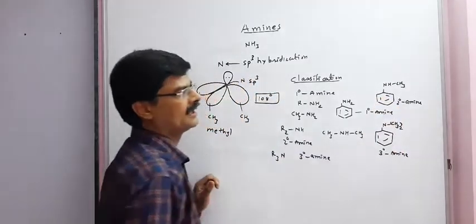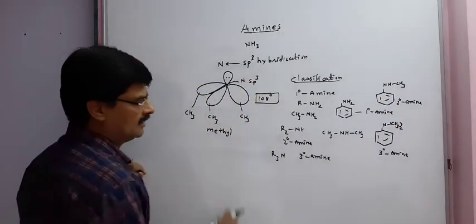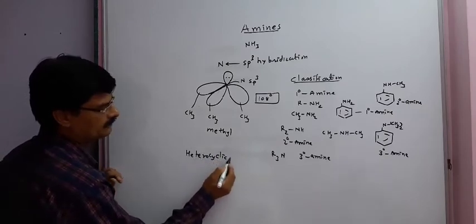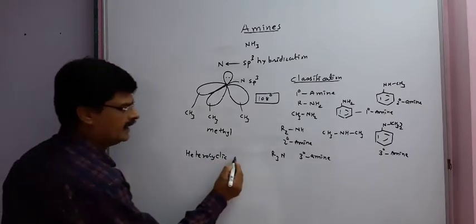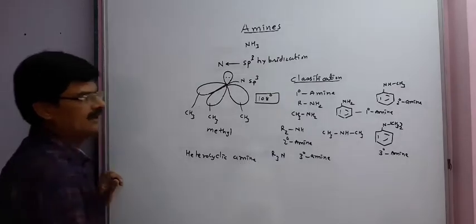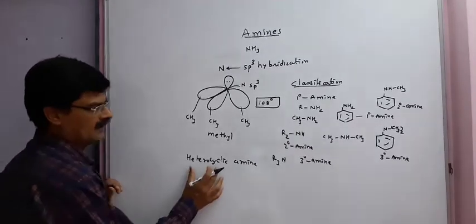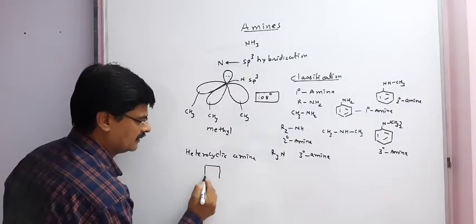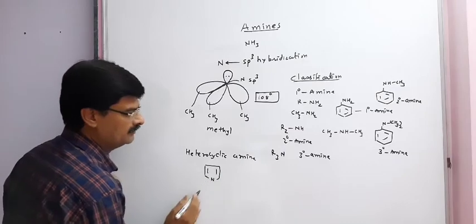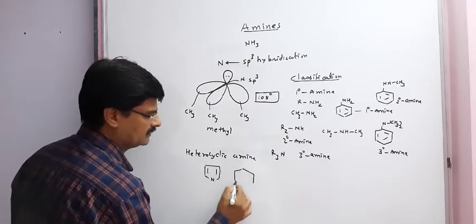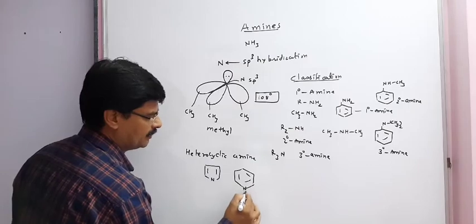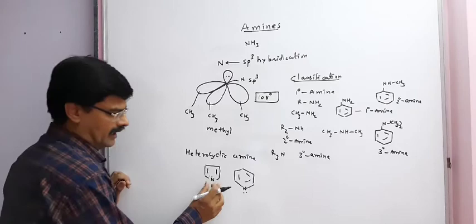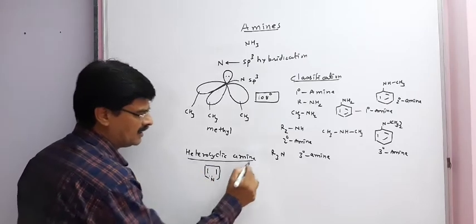But these three are cases of aromatic amines. Now we will study heterocyclic amines. We have a few examples. They are nothing but heterocyclic amines. One is pyrrole and the second one is pyridine. In pyrrole and pyridine, N is present but they are heterocyclic.